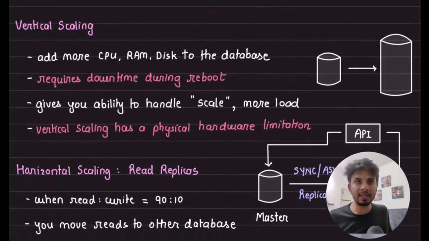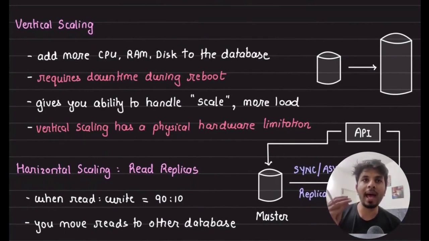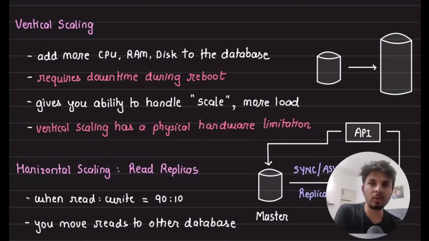When you talk about vertical scaling, it is all about adding more CPU, more RAM, more disk to the database. Let's say you are starting out, you just built an early version of your product, and you said, hey, 4 GB RAM is more than enough for me to store all the data that I have.